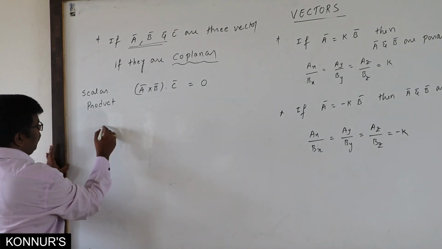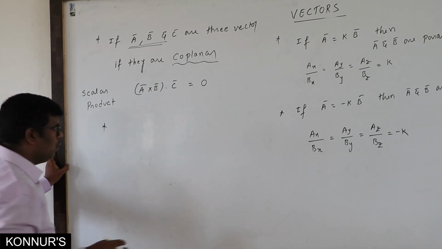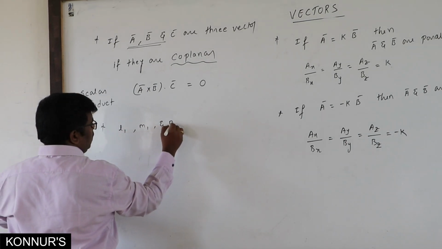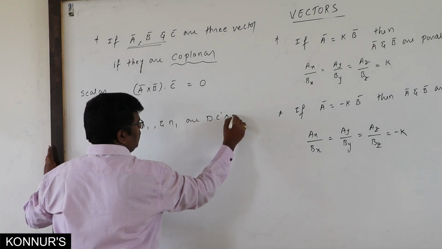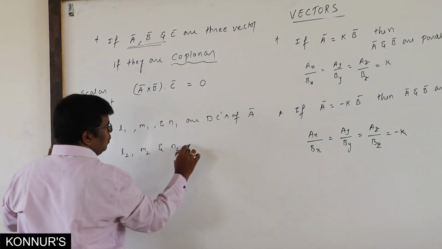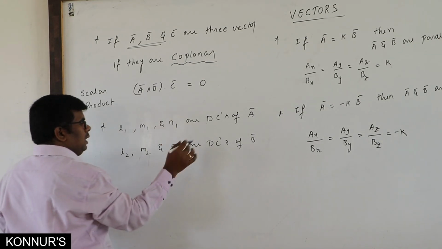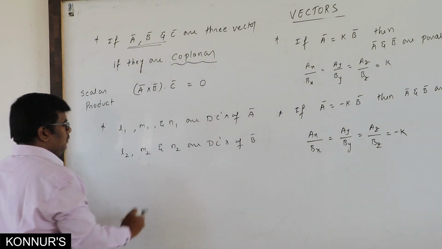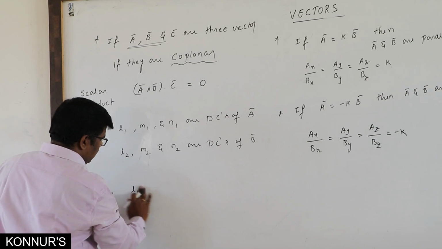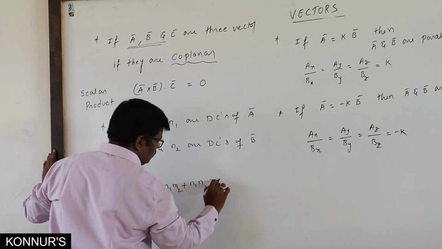And one more case. If they give you the direction cosines of two vectors, suppose L1, M1 and N1 are the DCs of A bar, and L2, M2 and N2 are the DCs of B bar, then if they are perpendicular to each other, L1 L2 plus M1 M2 plus N1 N2 is equal to 0.